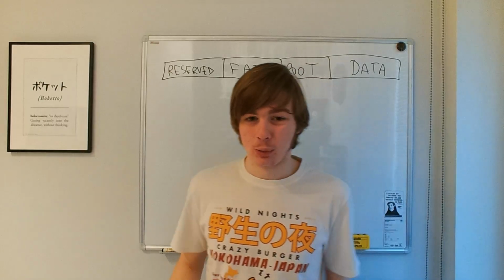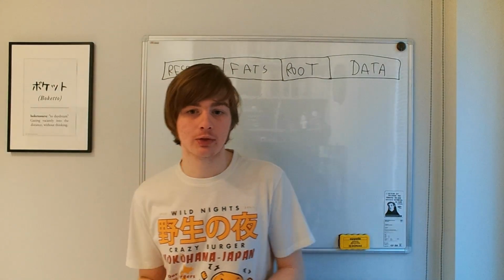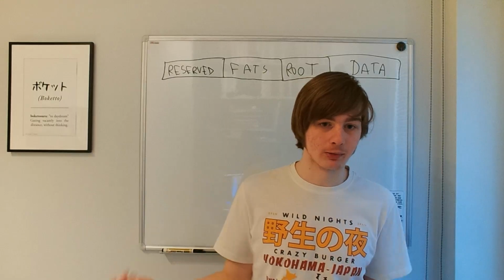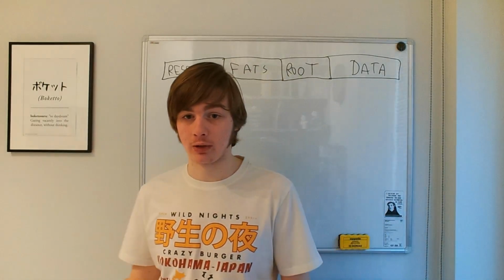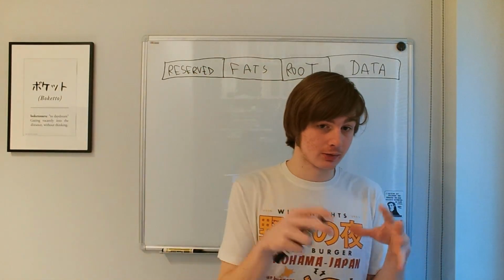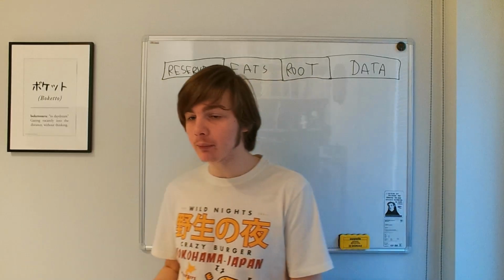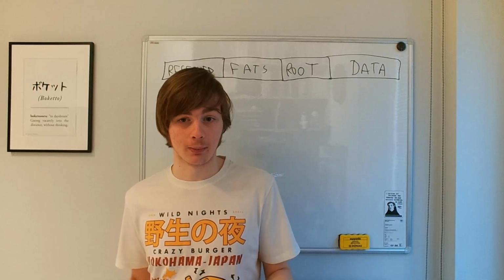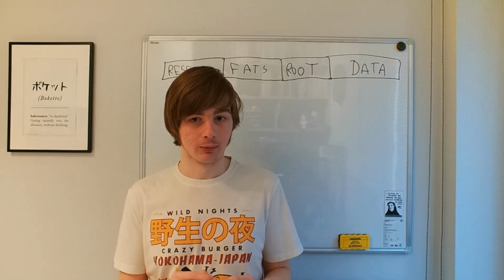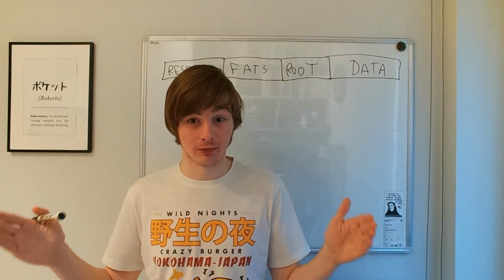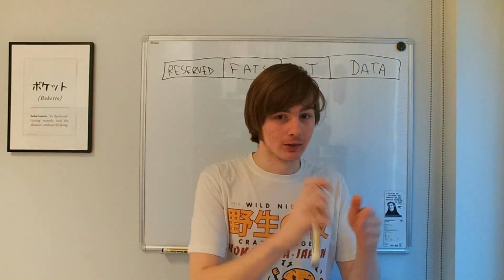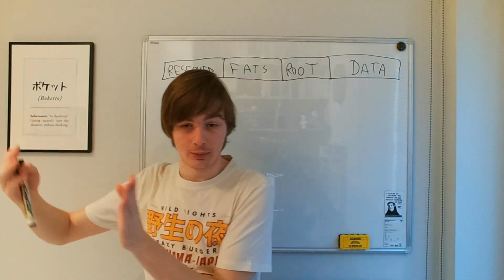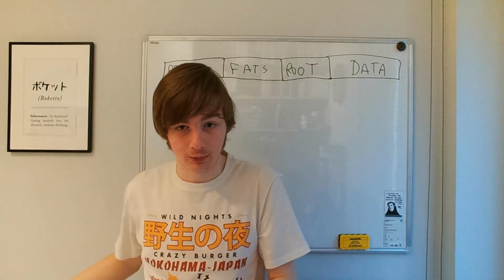Now, there isn't one optimal allocation unit. Obviously, it's going to depend on how big your files are going to be and how many files, whether you're going to have one big file or many tiny files, right? If you're only going to store a couple of big files, then you would want the allocation unit to be relatively big, because that way it will read one giant cluster before it tries to request the next one.